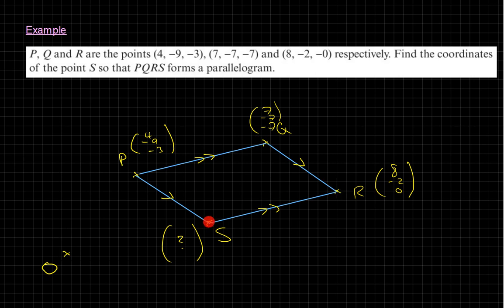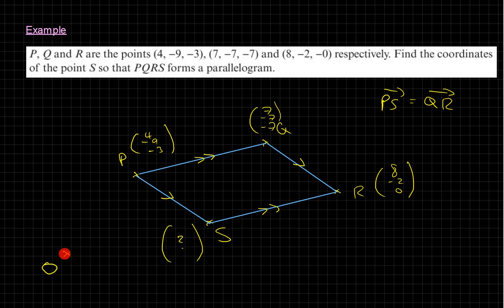Bit complicated though. We can take a shortcut, because I know that PS is exactly the same as QR, because it's a parallelogram. PS and QR are the same thing. There's a quicker way we can do it.